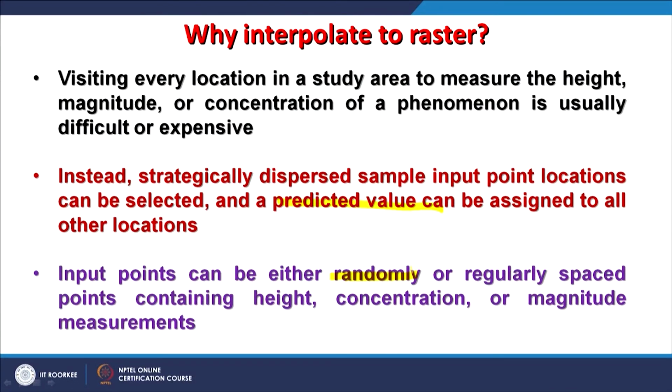Now, these input points, in one previous example we have seen systematic or regularly spaced points, but generally it is not possible in the real sense. Even if you are using survey topo sheets and you have already digitized these point heights, they would be basically distributed randomly.